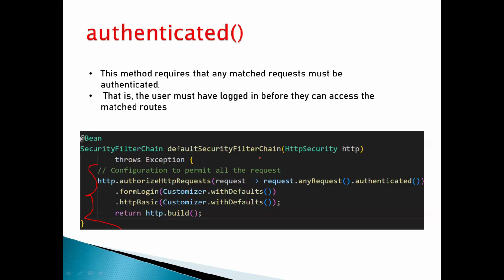How to use it in your project, on top of that I will explain customization. See here, authenticated means you should provide username and password for each and every URL. By default, all the URLs are authenticated, whether public URL, normal URL, admin URL, support, anything. That is the default.